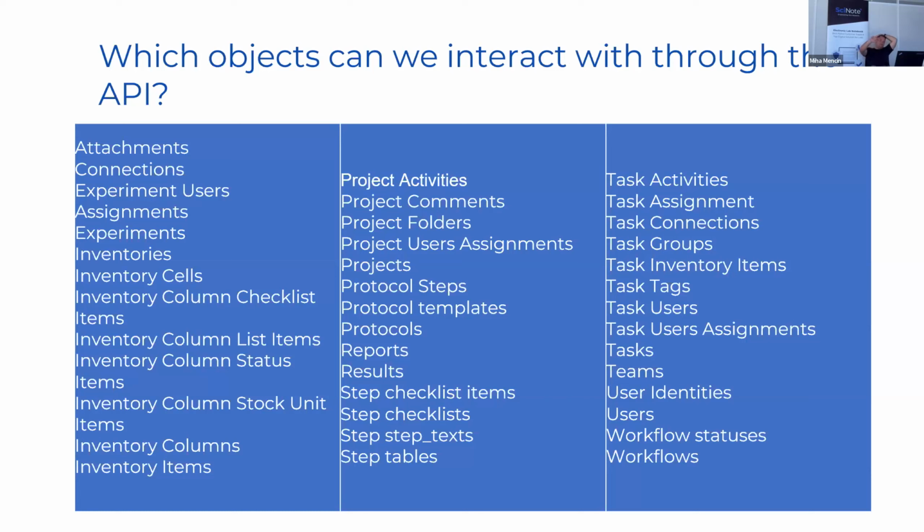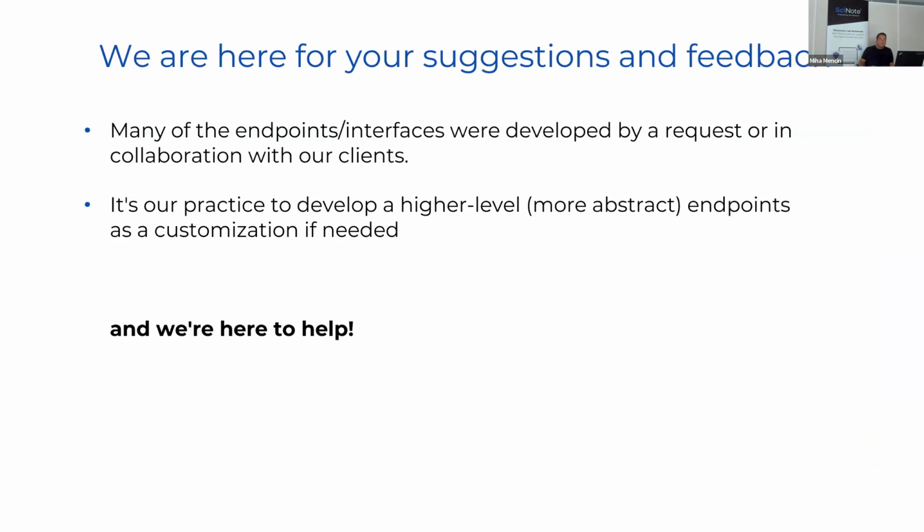If you're a bit of a technical person, you can see the many-to-many relations reflected here. For example, project comments is really a relation between projects and comments, so you would be able to get a good representation of how the data looks in our database.